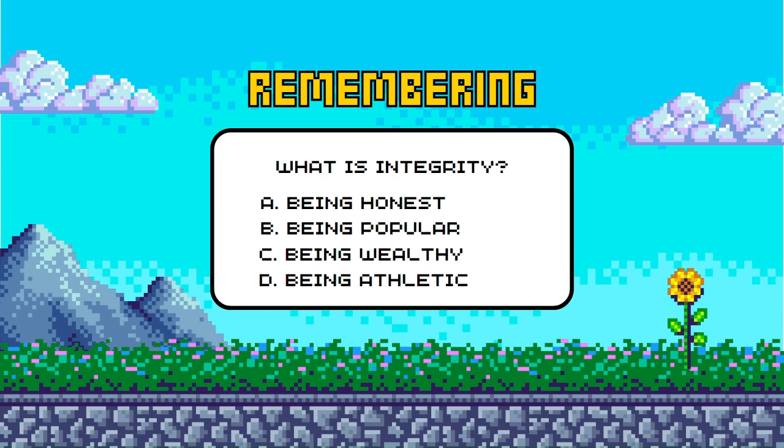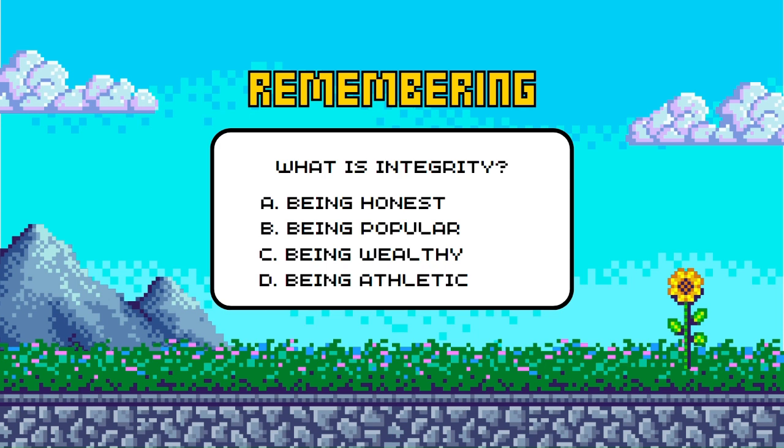At this level, this is purely about recalling information without needing to understand or interpret it. It's like a simple retrieval of previously learned data.